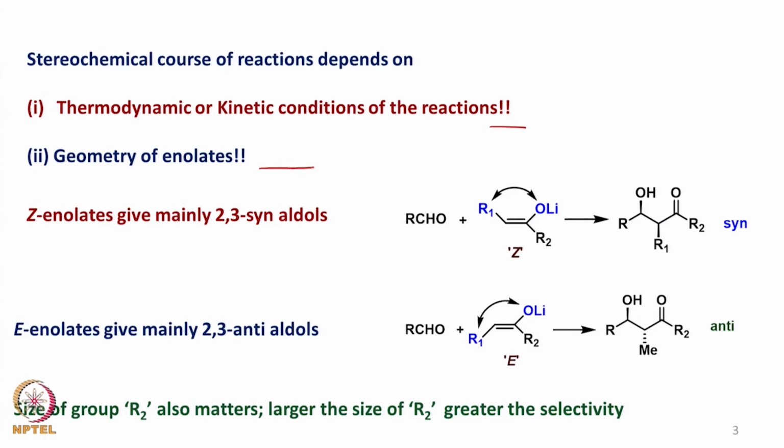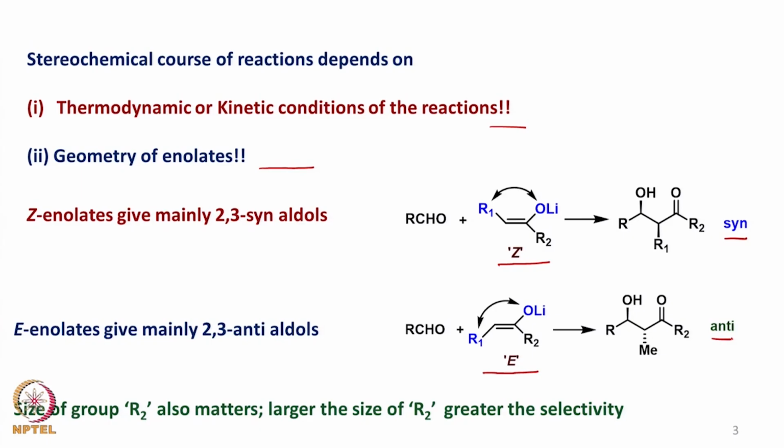For example, this is a Z enolate and this is an E enolate. The R1 group is opposite to the enolate oxygen here, and therefore this is an E enolate, whereas the R1 group is in the same direction, and therefore this is Z configuration. It is noticed that Z enolates lead to syn products and E enolates give anti products.